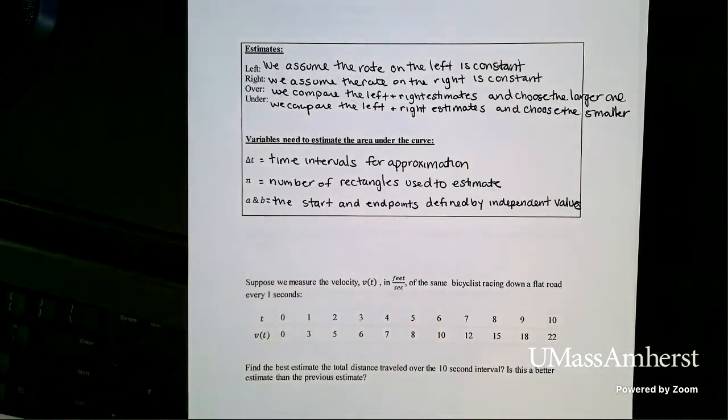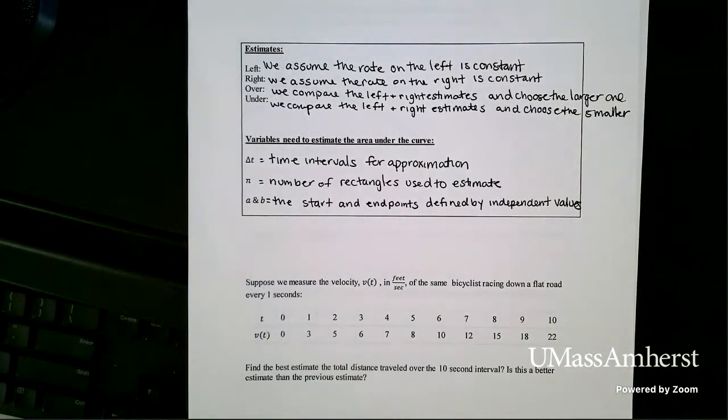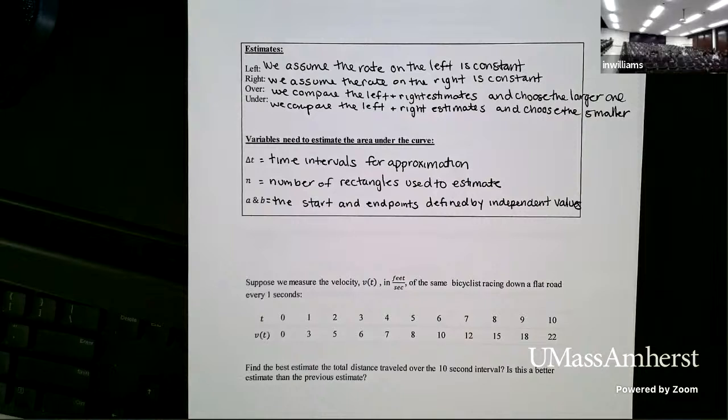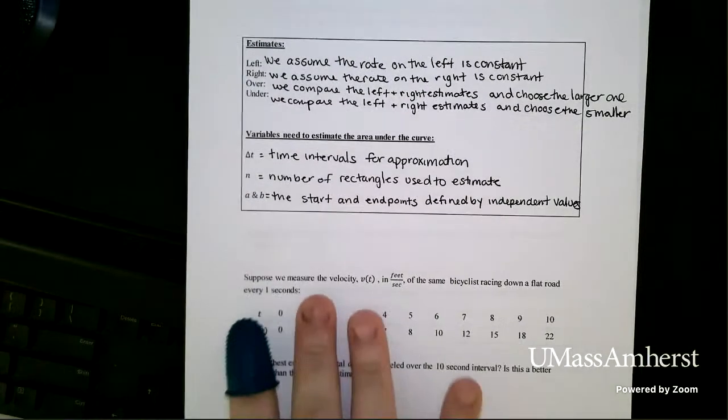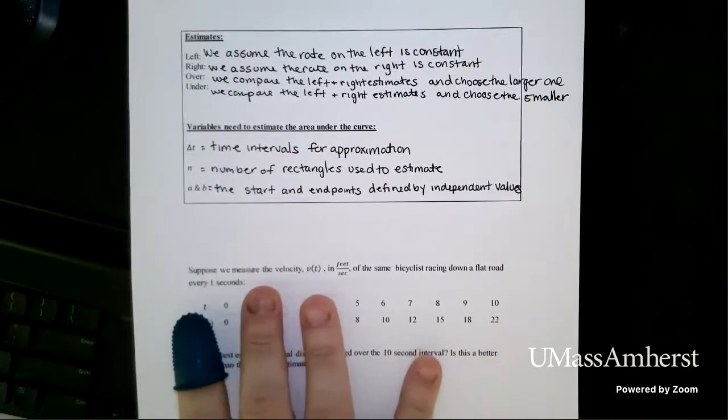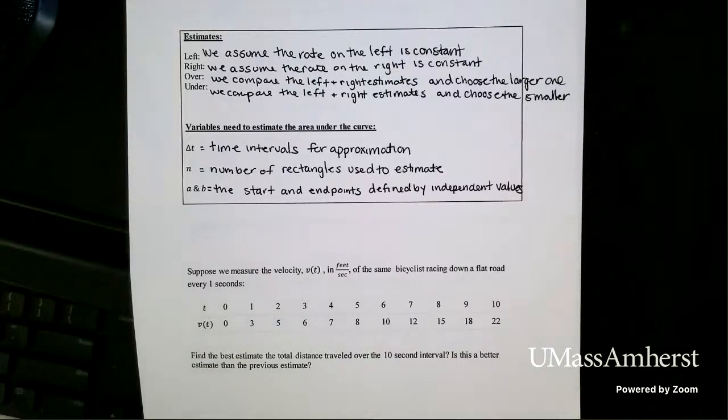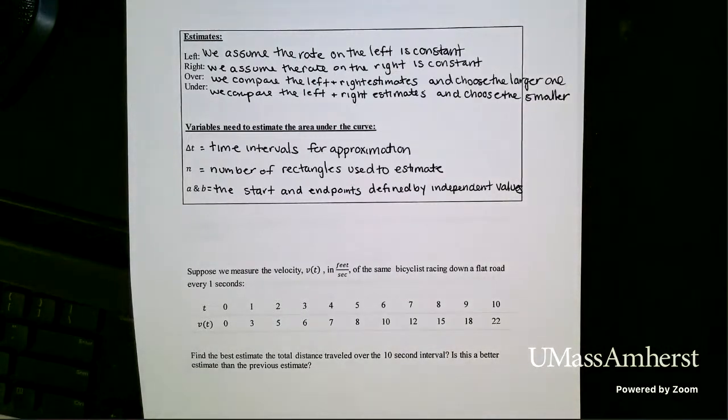When we do a left-hand estimate, we assume the rate on the left is constant. So we're always picking between 2 rates, and we pick the one on the left. If we do a right-hand estimate, we assume the rate on the right is constant. The overestimate, we compare the left and the right estimates, and we choose the bigger one. That's your overestimate. Your underestimate, we compare the left and the right estimates, and we choose the smaller one.